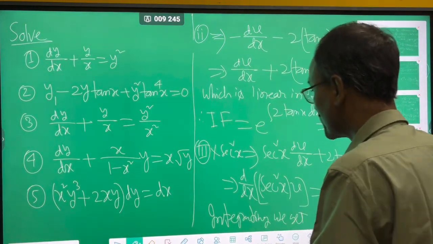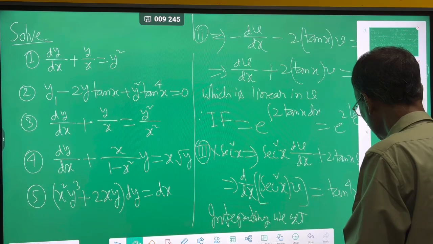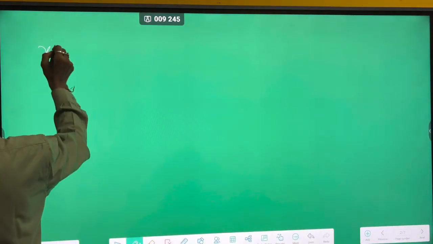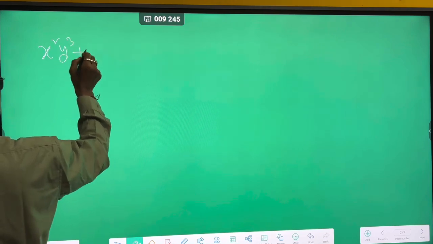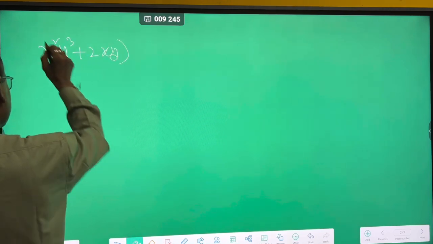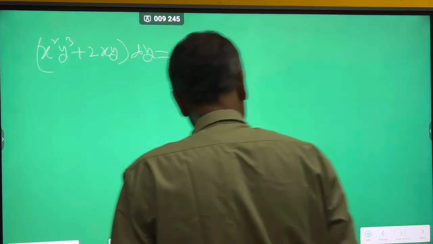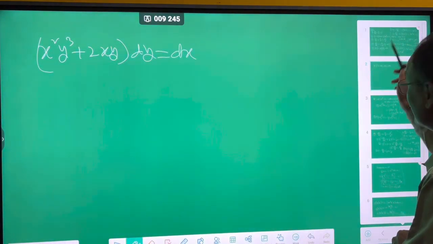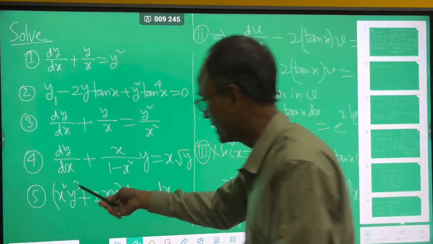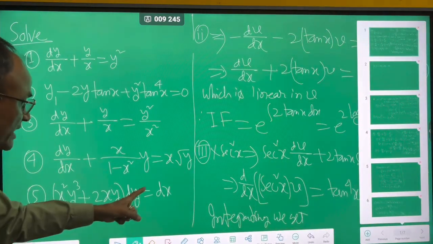X square y cube plus twice xy dy equal to dx.